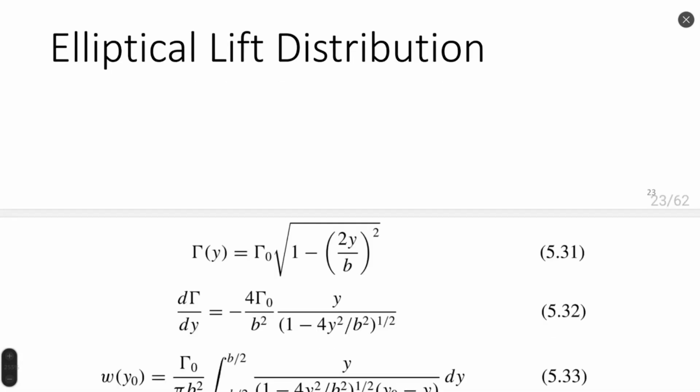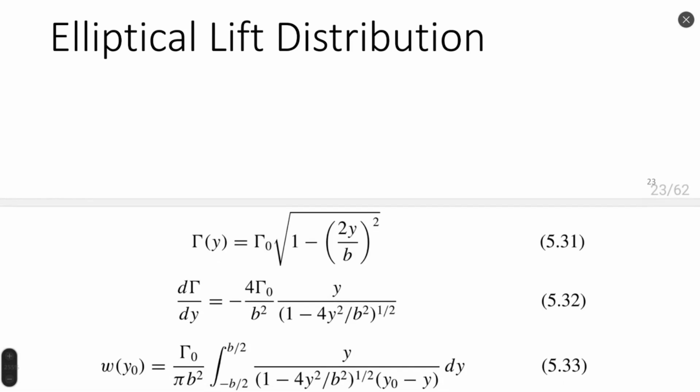One simple way to solve that equation is to assume some specific shape of the wing, for example, elliptical wing shape.